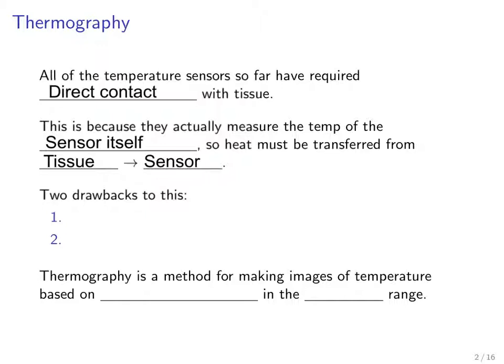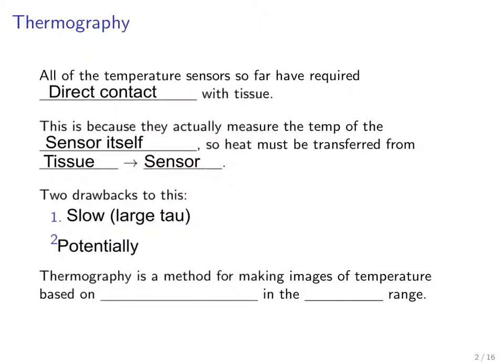Okay, now there are two drawbacks for this. One is that it can be a slow process, which is embodied by the fact that we have a relatively large time constant tau with which the heat transfers from the tissue into the sensor. The other potential issue is that you have the potential for unsanitary conditions.